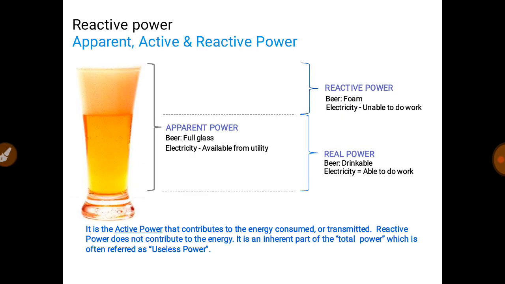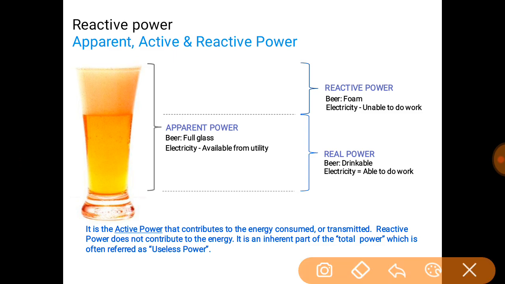Here is an example of beer. When beer is filled in a glass, the useful beer is about here, and foam is made here. Only the drinkable beer is useful.